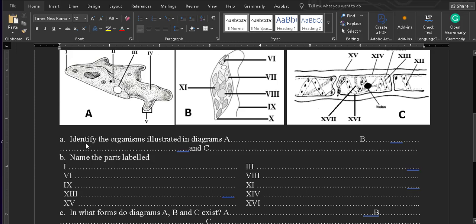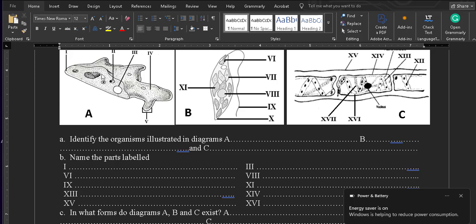So with A, we've been asked to identify the organisms illustrated in diagrams A, B, and C. That's question 2A. So identify means to name. So we are just naming them.